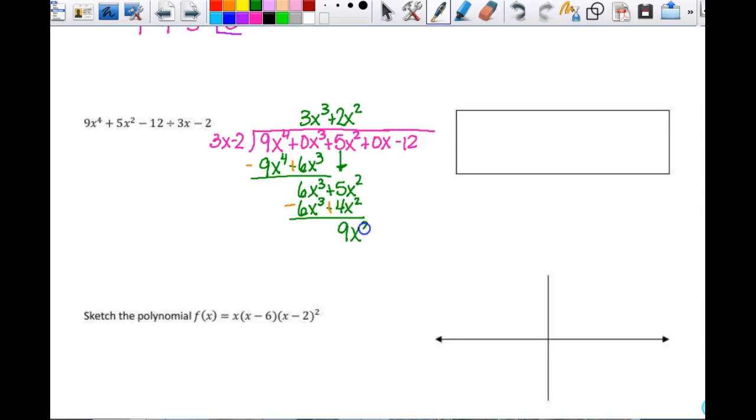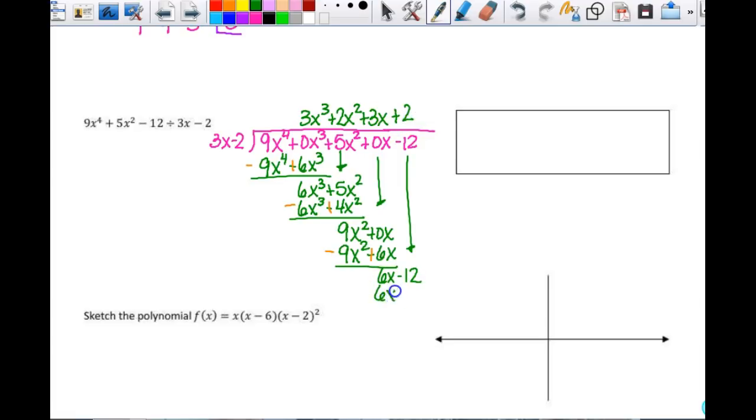So this is 9x squared. Bring this down, plus 0x. So 3x goes into 9x squared, positive 3x times. So that makes this 9x squared minus 6x. Change the signs. Those zero out. This gives me 6x minus 12 once I bring that down. So 3x goes into 6x, positive 2 times.